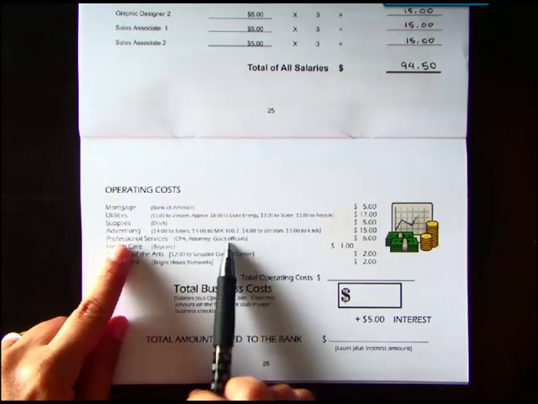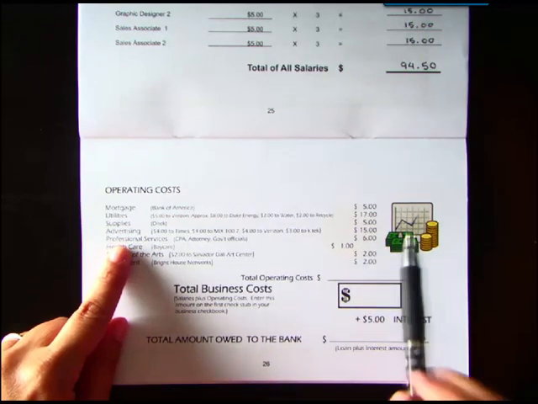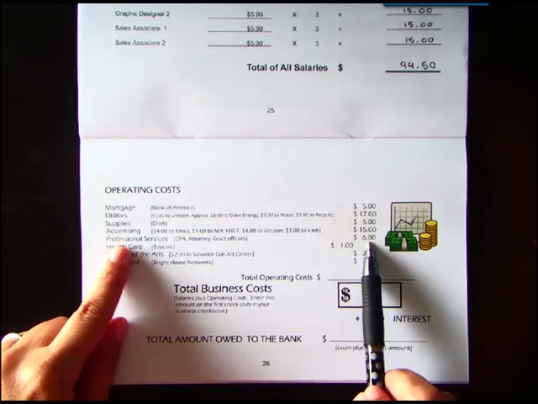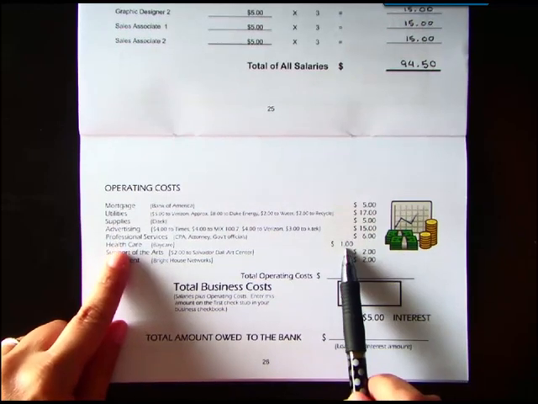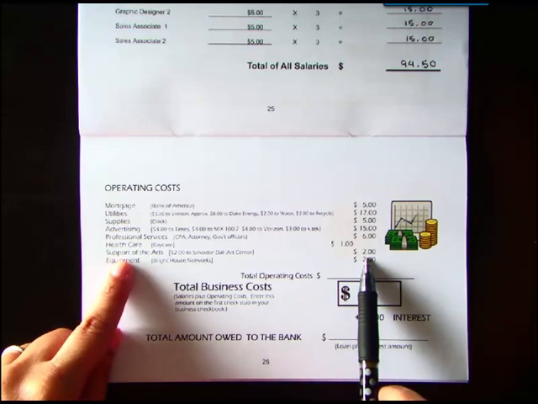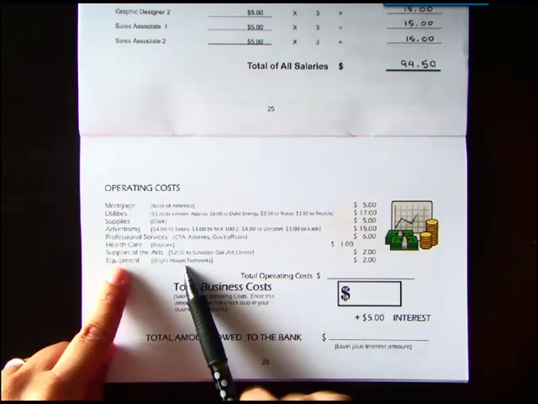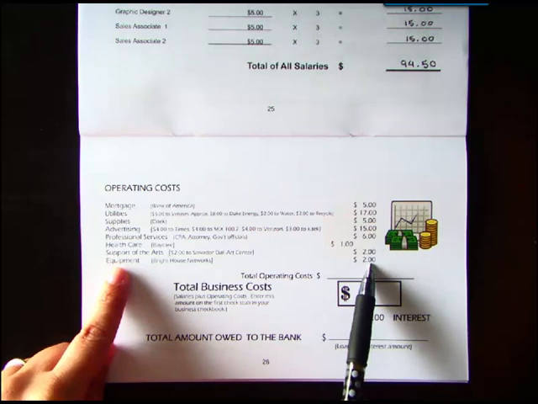Attorneys and government officials, these people help you run your business, keep your business running. So that's $6. Healthcare is $1. That's going to the doctor. Support for the arts, so that's a donation, which is $2. And equipment from Bright House Network, so computers, things like that, is $2.